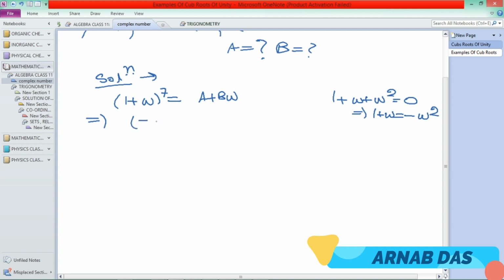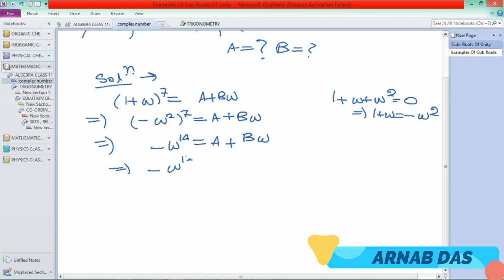So minus omega square to the power 7 equals a plus b omega. This is a question of JEE Main, guys. Minus omega to the power 14 equals a plus b omega, and minus omega to the power 14 equals minus omega to the power 12 into omega square equals a plus b omega.